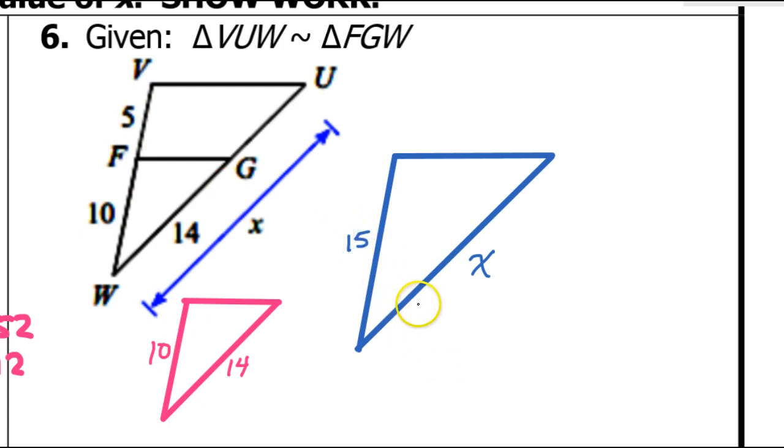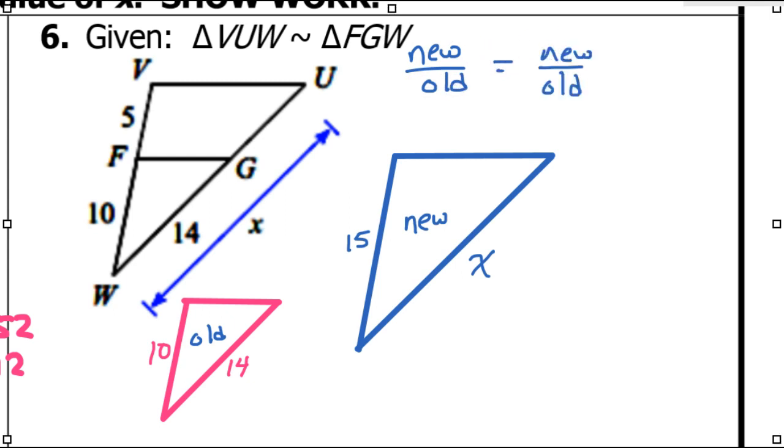So I just have to decide which one of these I will consider to be new and which one I will call old. And I'm going to call this one new, and I will call this one old. And my equation will be of the form new over old is equal to new over old.